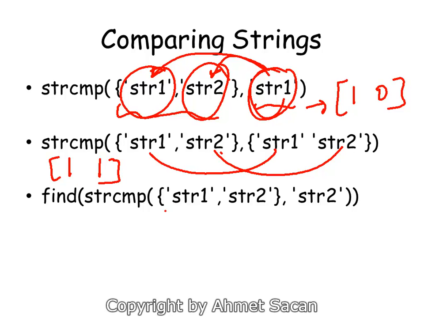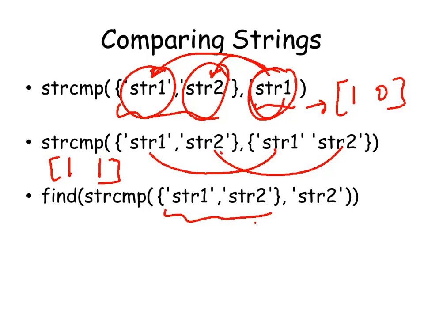If you have a set of strings and you want to figure out which one matches a given second string, you can use a find function to pick out the location within the cell array of the string that matches the string that you are searching for.